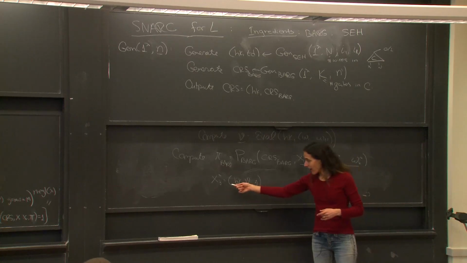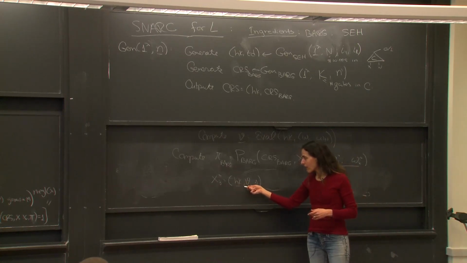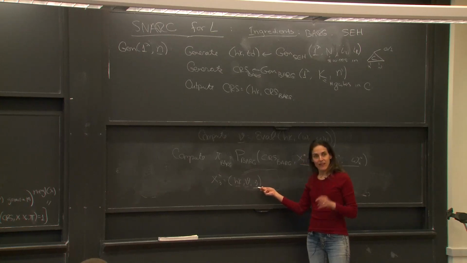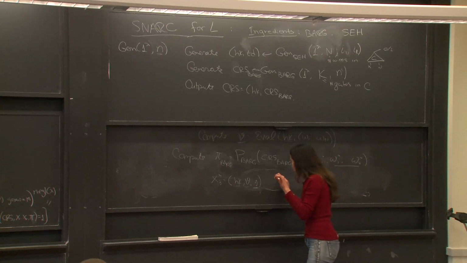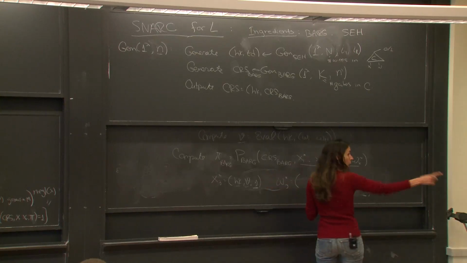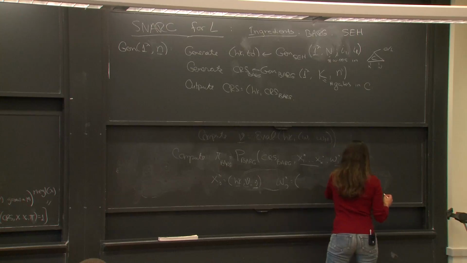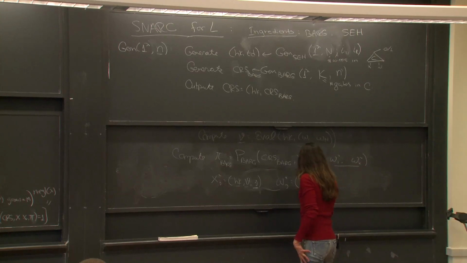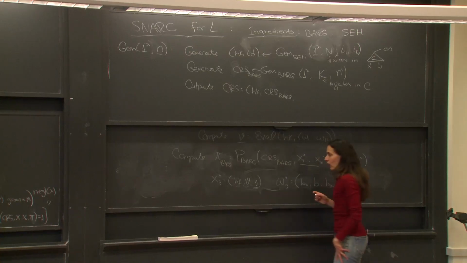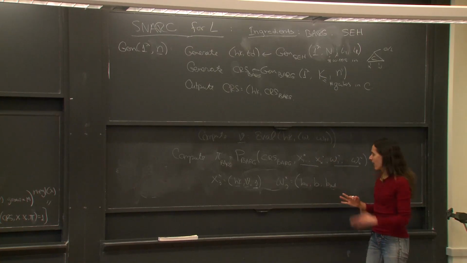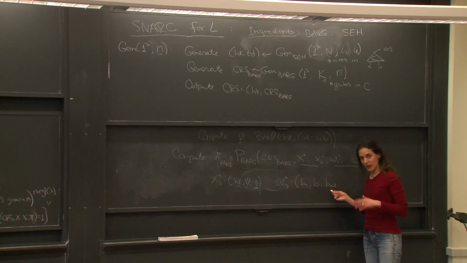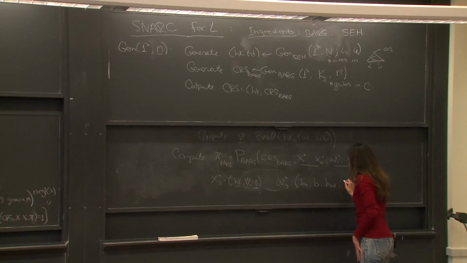So X J is going to be the hash key, the hash value, and gate J. And the witness for gate J is going to be the openings: a bit for the left child, right child, and parent of the gate, and the opening rows of the left child, right child, and output.